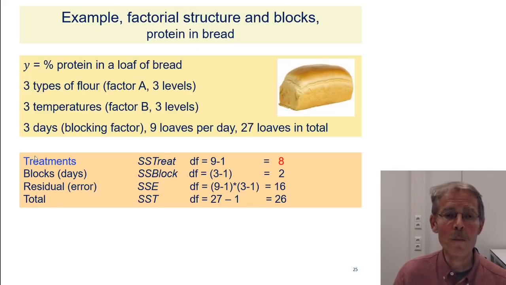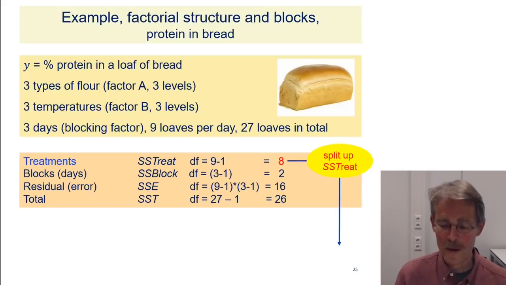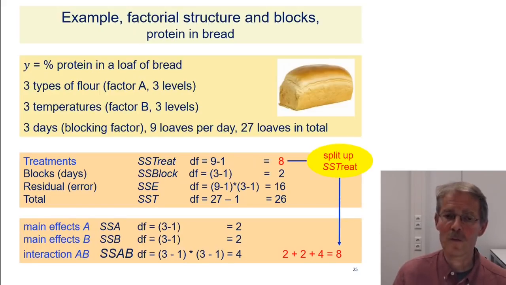And now we remember that the treatments have structure. They are combinations of flour and temperature. So we're going to split up this sum of squares into 3 separate sums of squares. One for capital A, flour. 3 minus 1 is 2 degrees of freedom.